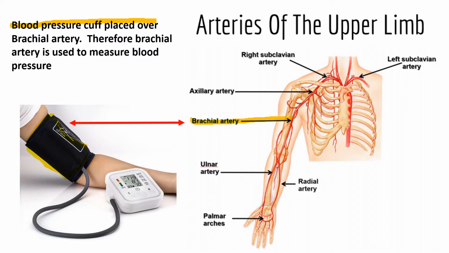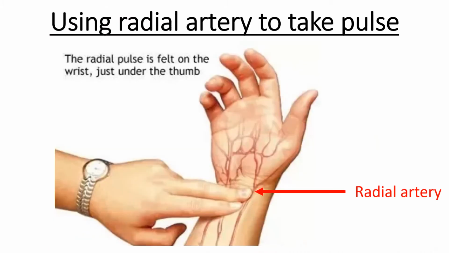So when you receive a blood pressure cuff, it's measuring the brachial artery that's right here in this area. And then there's the radial artery, down around in this area. Say someone's taking a pulse, the radial artery right there is what that person can use to take a pulse.